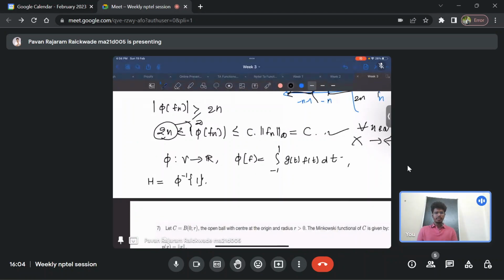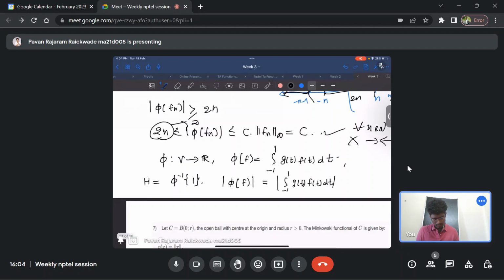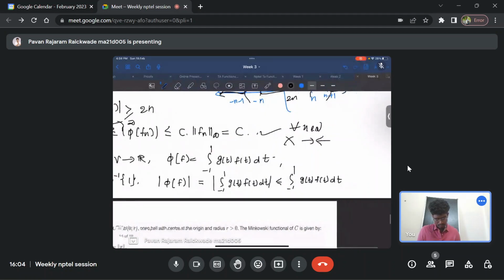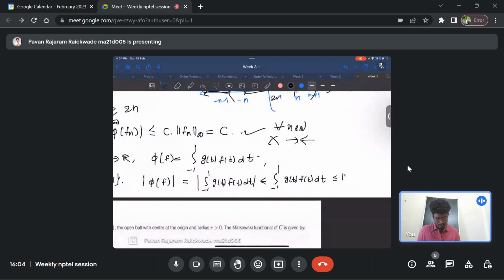So we'll just check if this phi functional is continuous. What is the modulus of phi? It is less than or equal to norm g infinity.